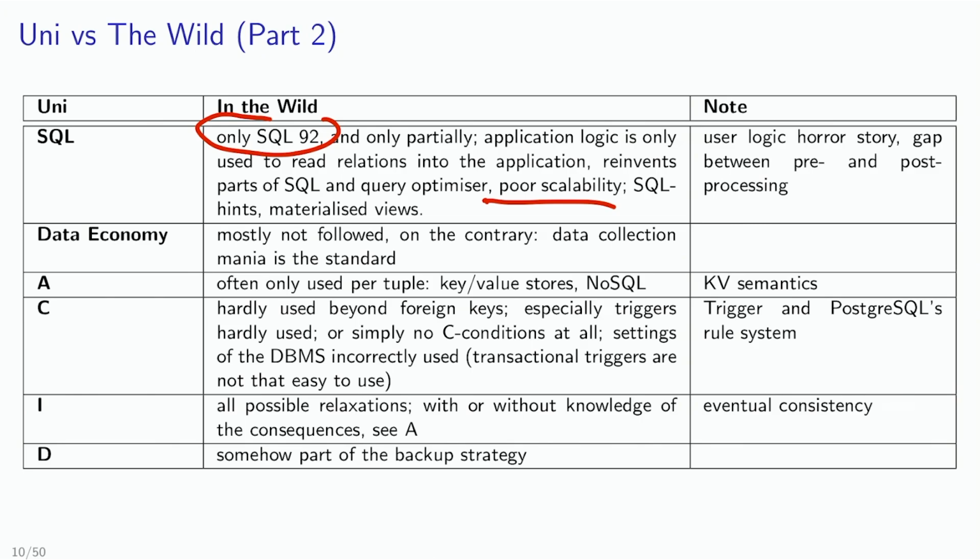Did I mention that user logic horror story? There was a cool article a couple of years ago where a manager decided to replace an old COBOL-based database system from the 60s with a modern relational database system. One of the senior developers, one of the COBOL experts, was asked to make the transition from COBOL to the relational database system.